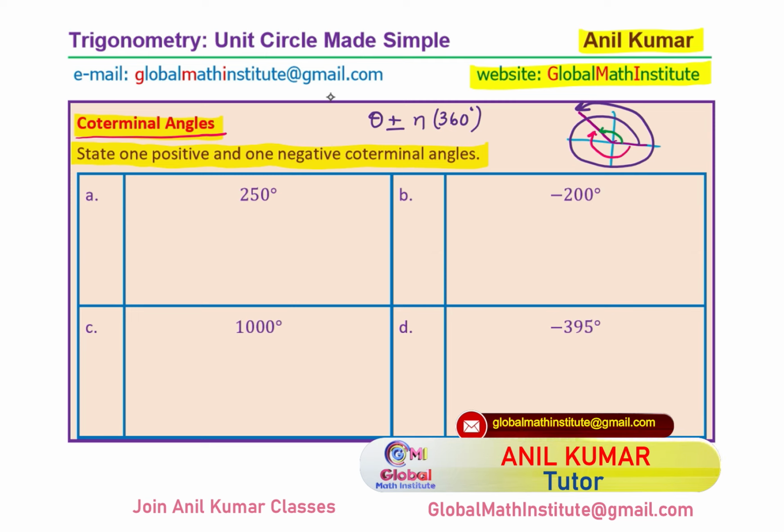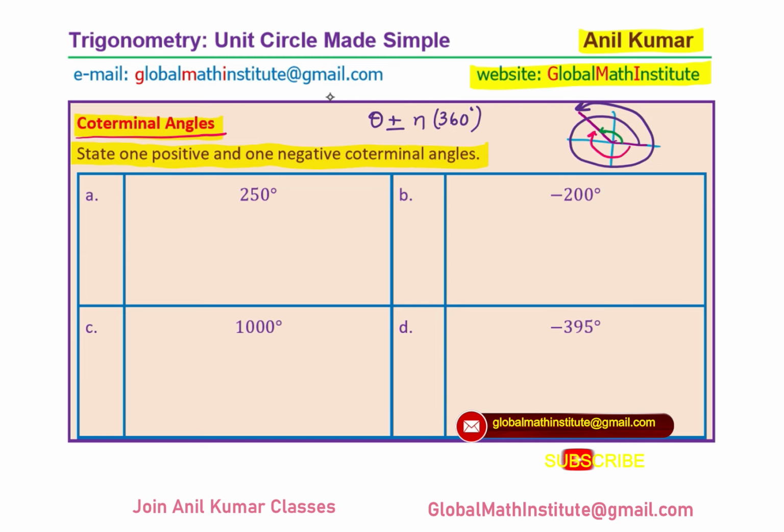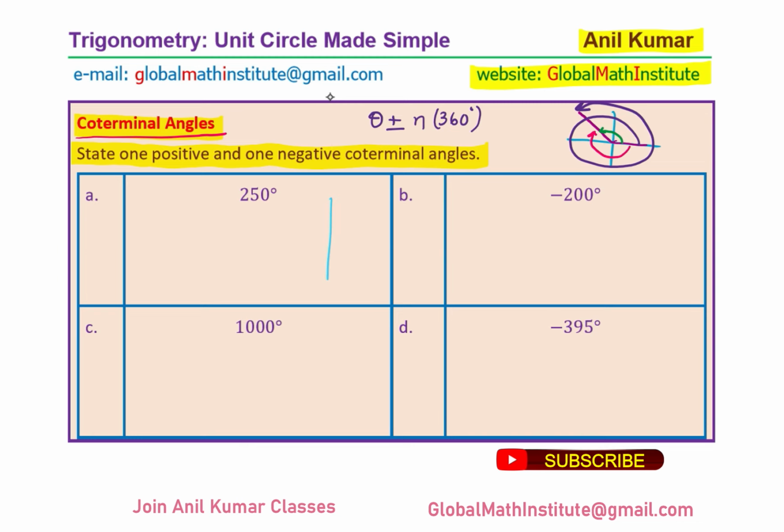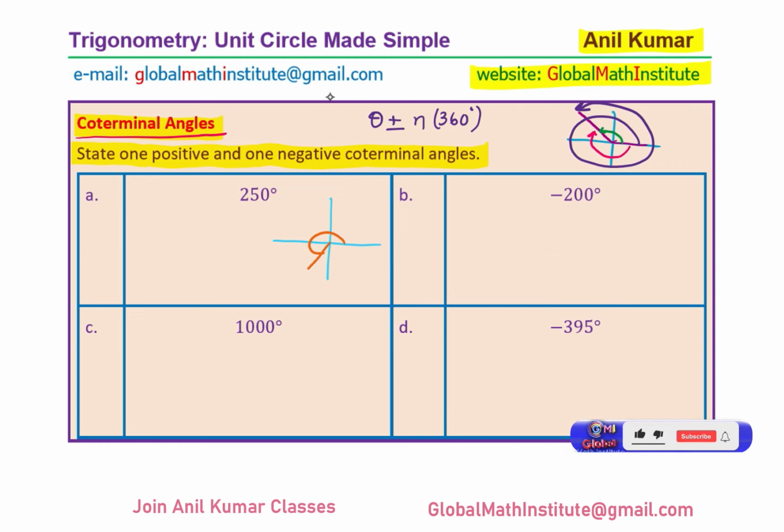Now let's look into the question. Precisely, it is: state one positive and one negative coterminal angle. So for example, 250 degrees. Where will 250 degrees be? Let's try to visualize it. 250 is slightly less than 270, so it is somewhere here. So that is 250 degrees. To give one negative angle, we could go clockwise in this direction, which also terminates at the same place.